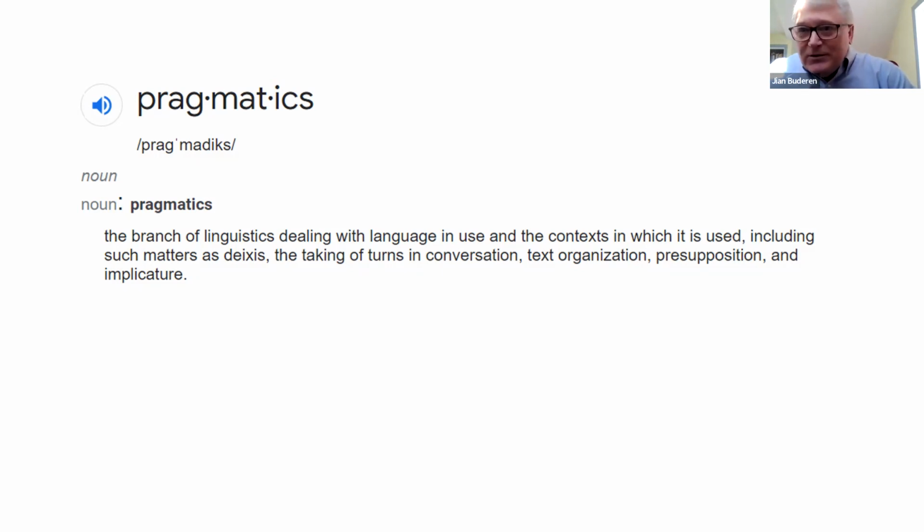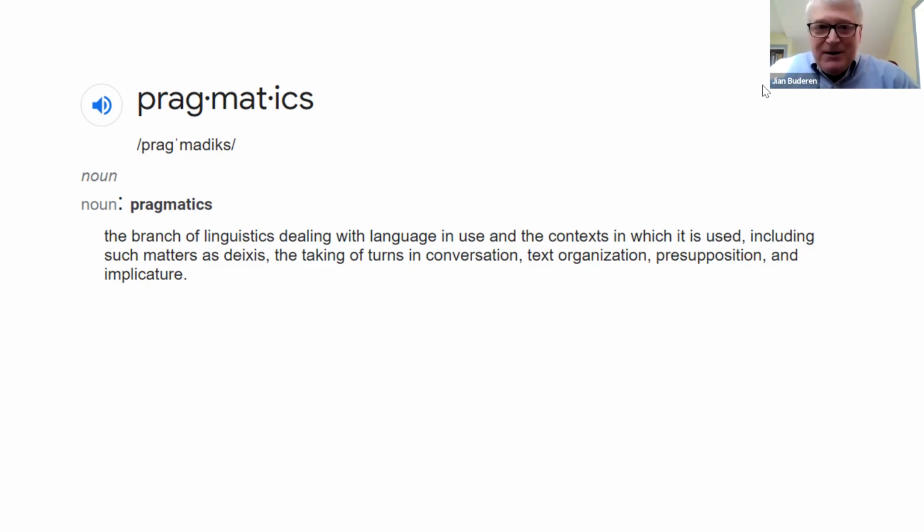So just to insult everyone's intelligence, I'm going to quickly read the definition I found for pragmatics: the branch of linguistics dealing with language in use and the context in which it is used, including such matters as deixis, the taking of turns in conversation, text organization, presupposition, and implicature.